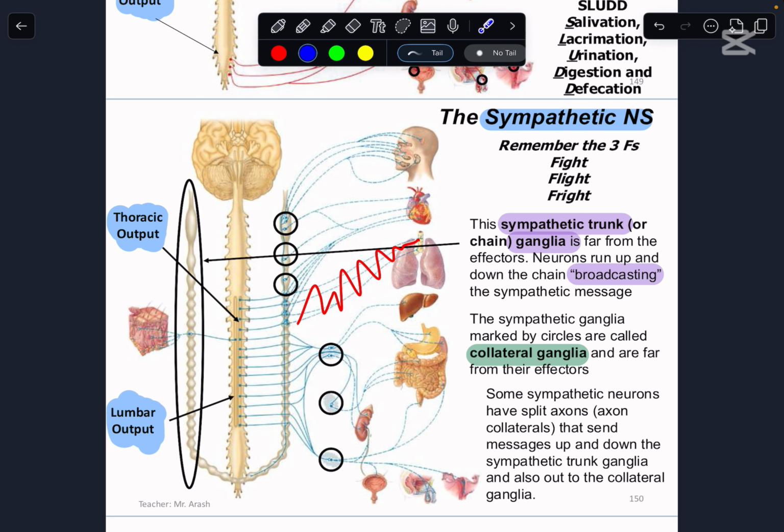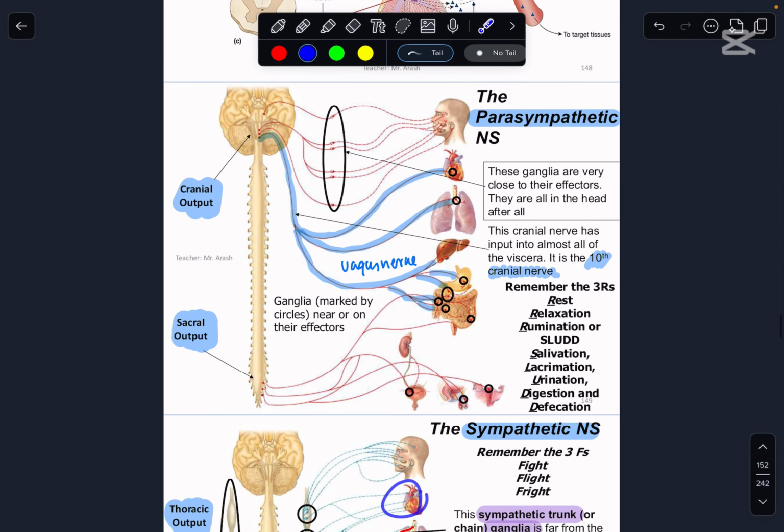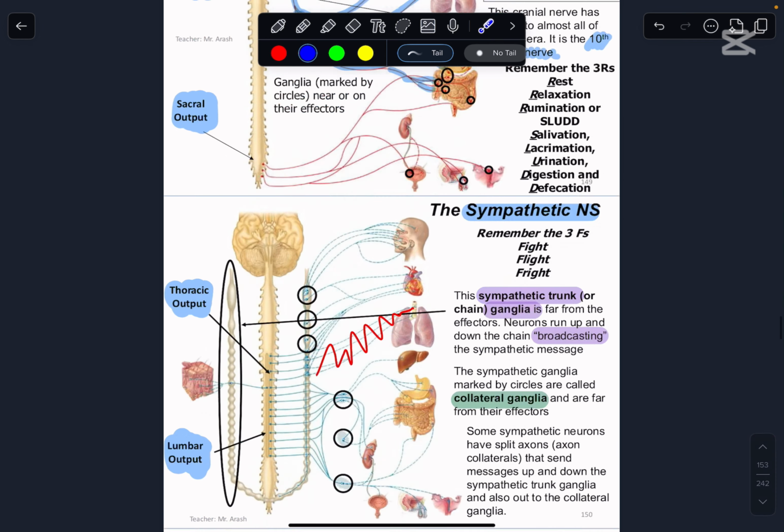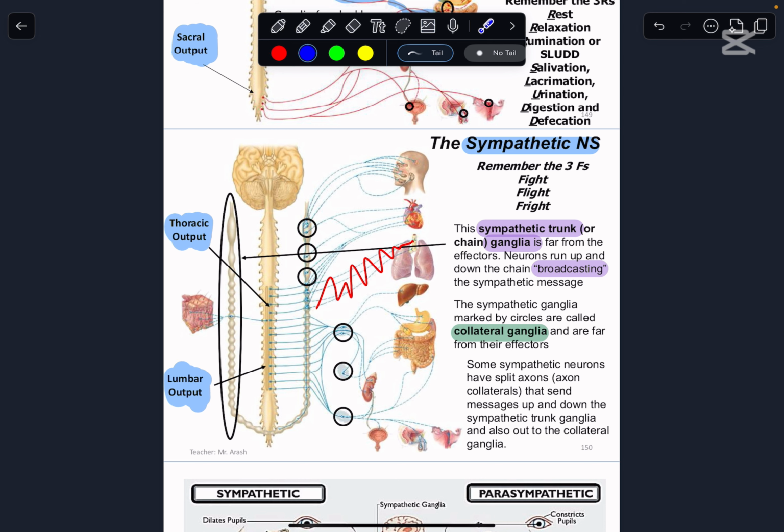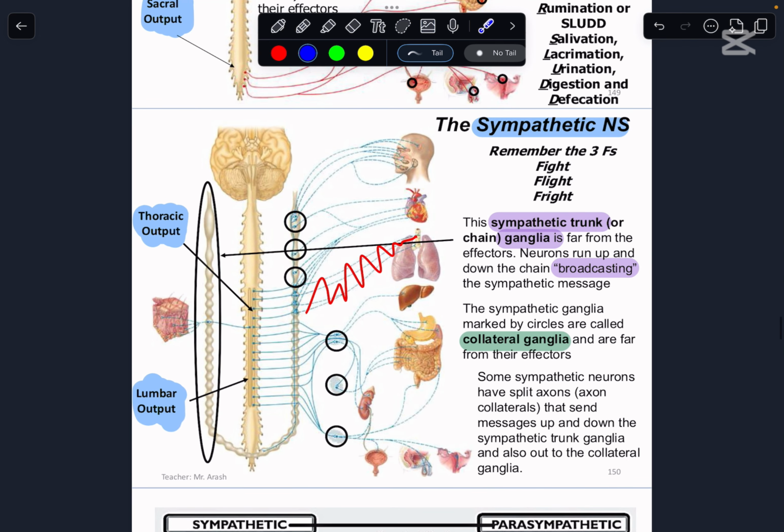That is the function of this sympathetic trunk structure: to ensure synchrony between all organs at the same time. We didn't have to do that up here. For the parasympathetic nervous system, you're supposed to be relaxed and ruminating and resting anyways. There's no need to be organized, do you know what I mean? There's no urgency, there's no dire situation.